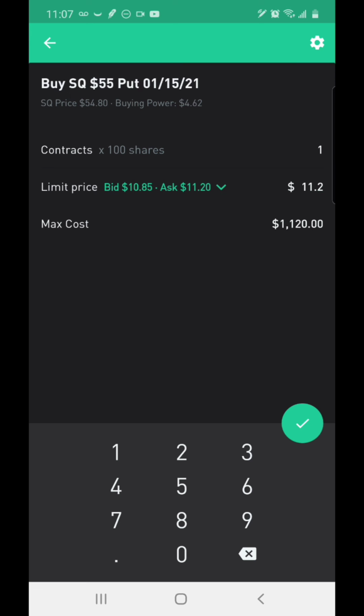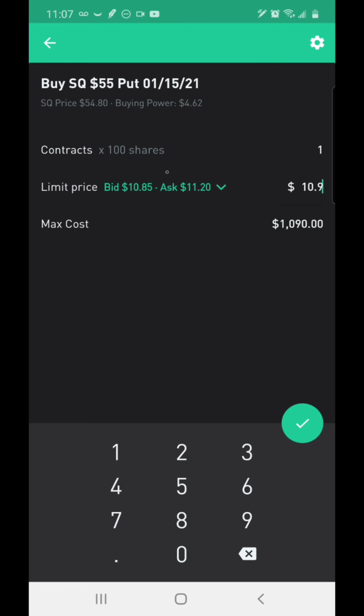But when you have a bid and ask price like this, it can hurt. So you may want to bargain the price down and say, well, you really want to get in, but you don't want to pay the $1,100. You can say, well, I want to increase my chances of getting in, but I'm going to place a bid at $10.90.